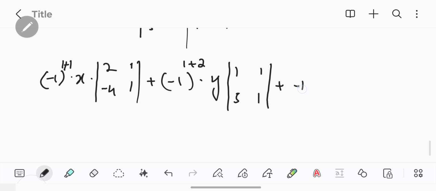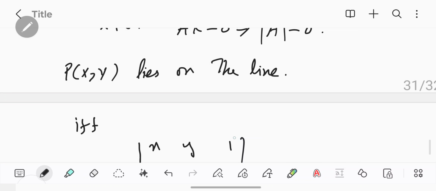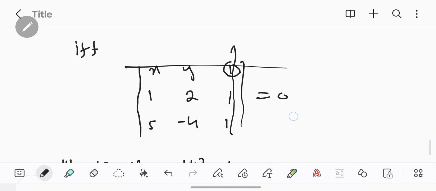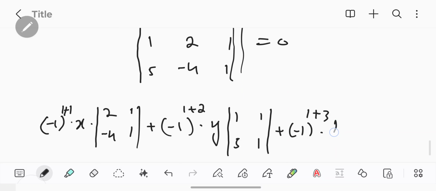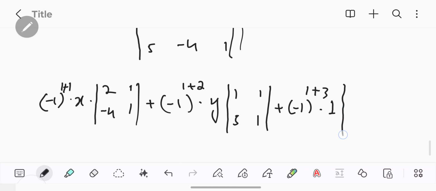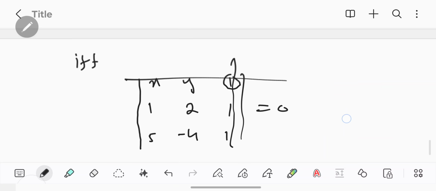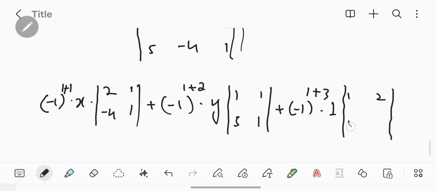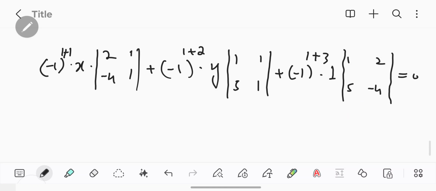Again minus 1 to the power 1 plus 3 because this number is lying in the first row and the third column. This number is 1, and then I will write its minor, the submatrix obtained by deleting these two, which gives 1 2, 5 minus 4, and this whole thing is 0.